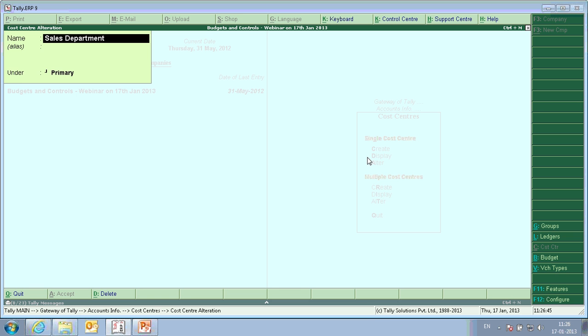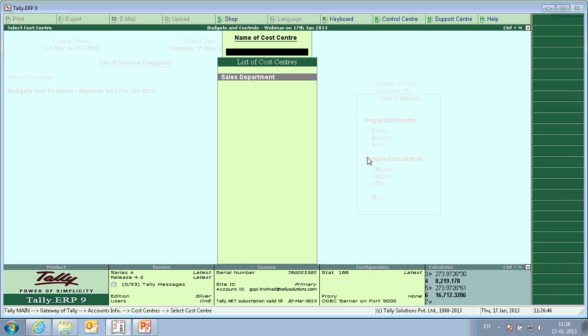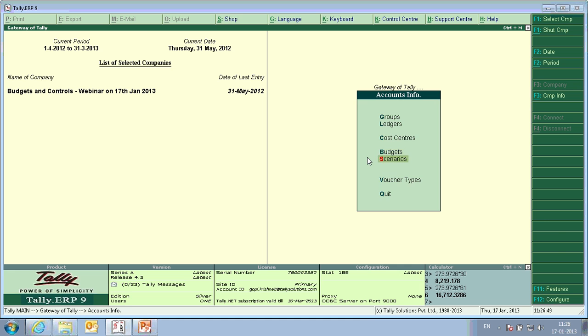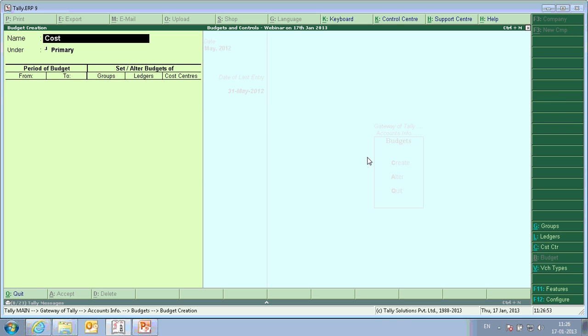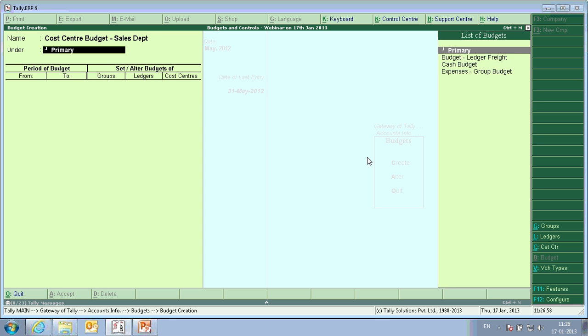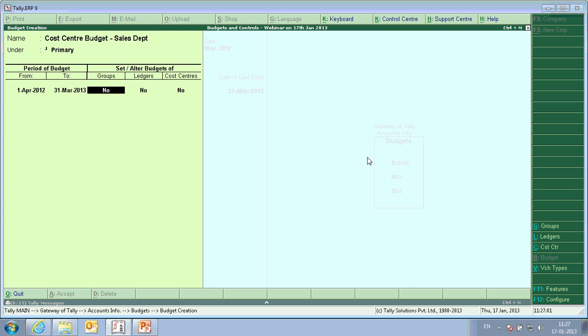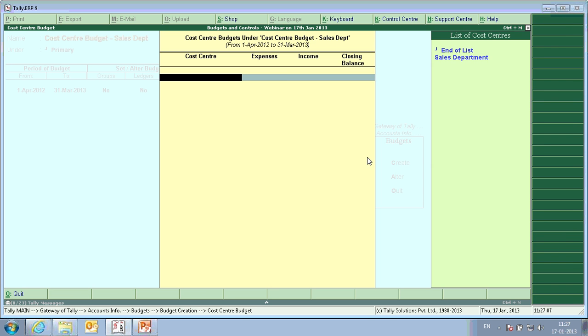Okay, then I'm going again to budget, then create. I'll create cost center budget, sales department, from April to March only. Now we can see the cost center is also available in the list, so I can select the cost center. Is it on expenses or income it says? Let me say expenses only, and I'll say 25,000 is my expenses budget, or is it on closing balances also? Let me say 25,000 here also.